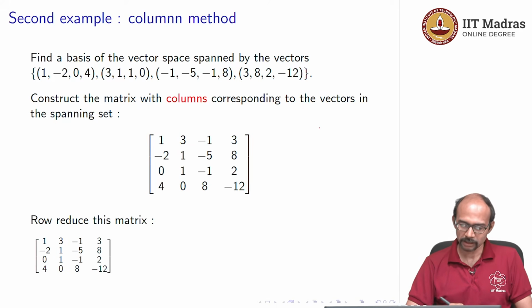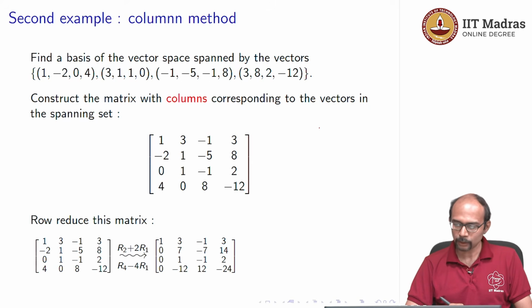So, you have a 1 conveniently in the 1 1 position. So, you add 2 times the first row to the second row. So, if you do that, your second row changes to 0, then 1 plus 2 times 3, which is 7, and then minus 5 plus 2 times minus 1, which is minus 7, and then 8 plus 2 times 3, which is 14.